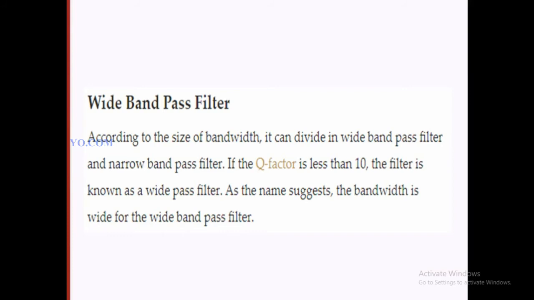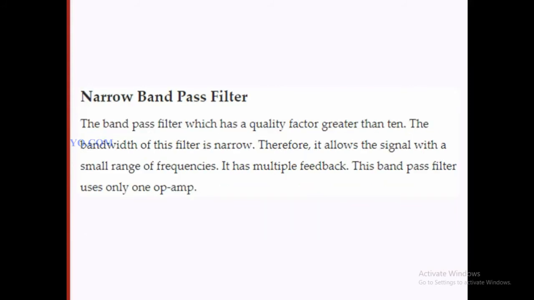As the name suggests, the bandwidth is very wide for a wide band pass filter. So here the Q factor is less than 10. Suppose the Q factor is greater than 10, that filter is called a narrow band filter. It allows a very narrow frequency range to pass. It will reduce most of the high frequency noises.